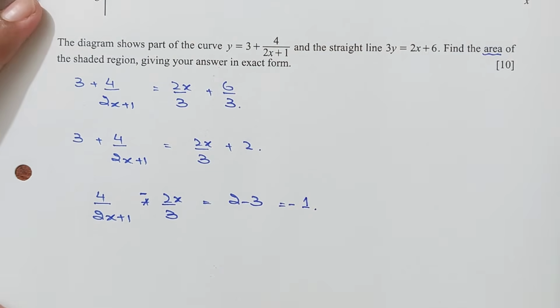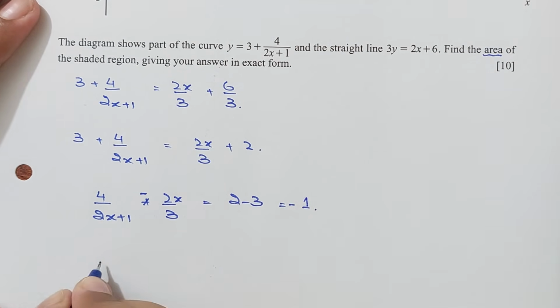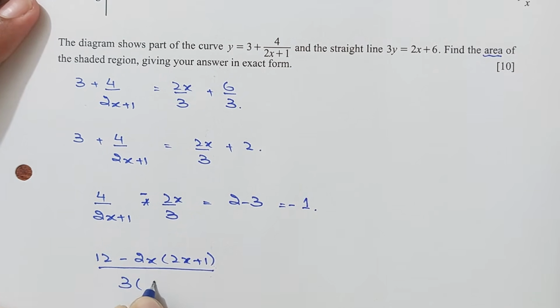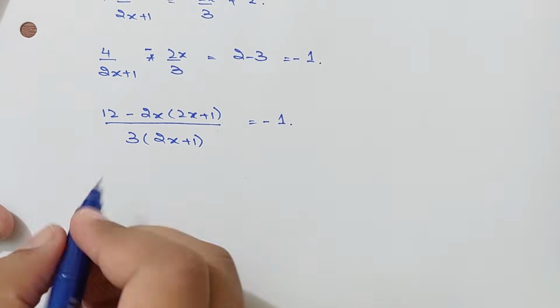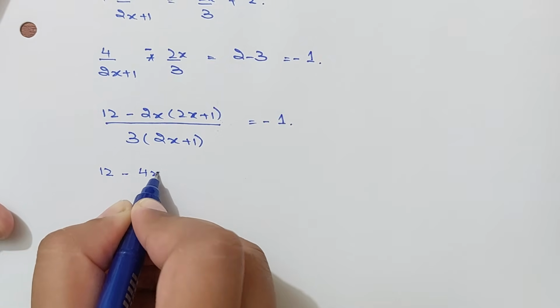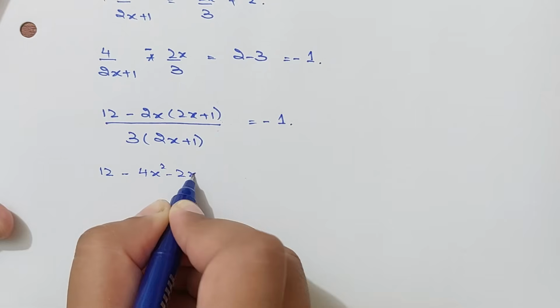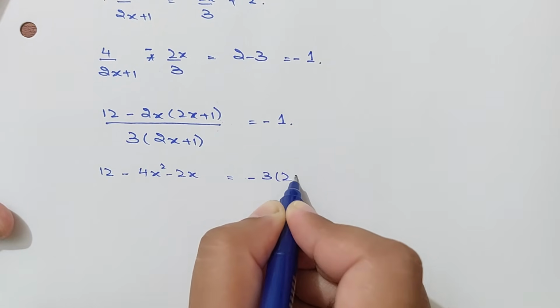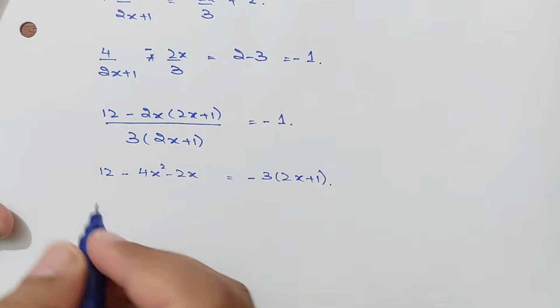Right. Now let me take an LCM. So 3 times 4 is 12, minus 2x multiplied by 2x plus 1, divided by 3 into 2x plus 1, equals negative 1. Okay, so this is 12 minus 4x squared minus 2x equals negative 3 into 2x plus 1, right?